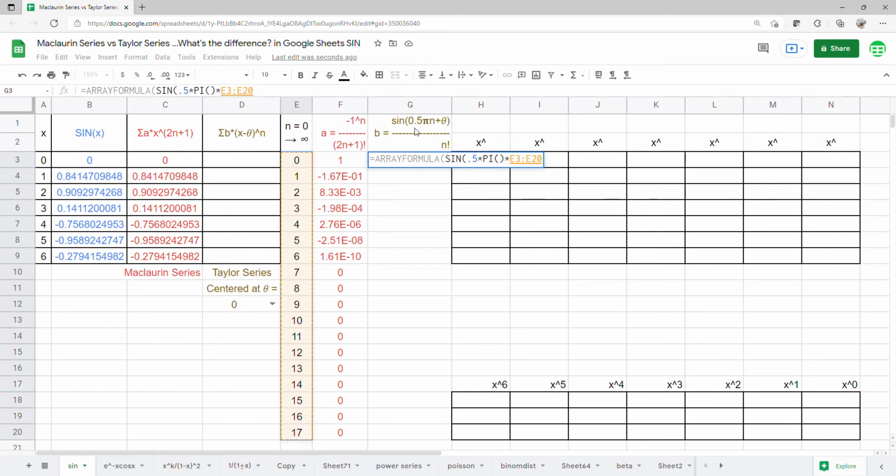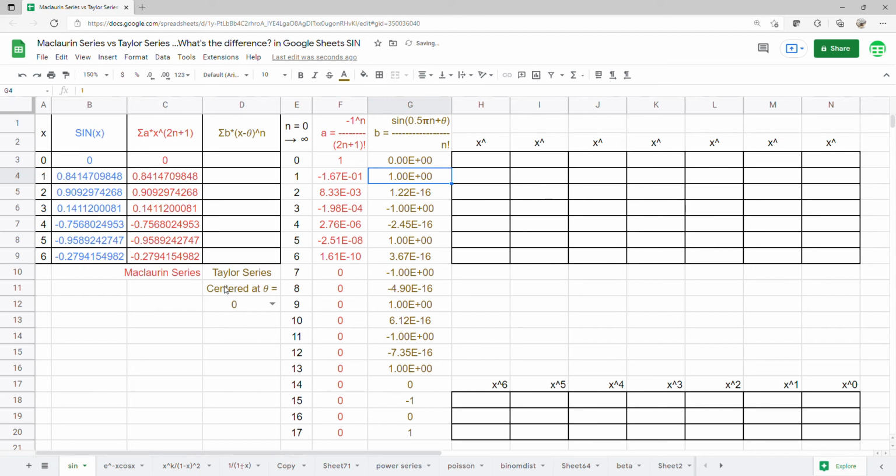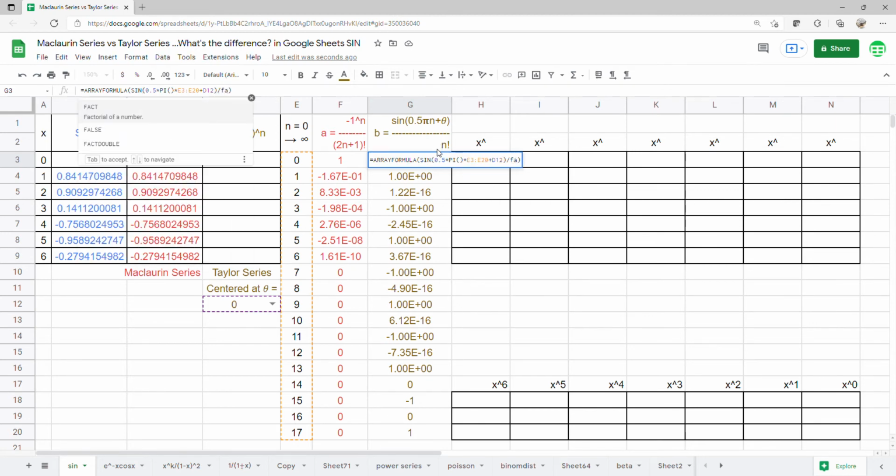Okay, 0.5 pi times n plus theta. That's for the numerator. Now the denominator. The denominator will be divided by factorial n.